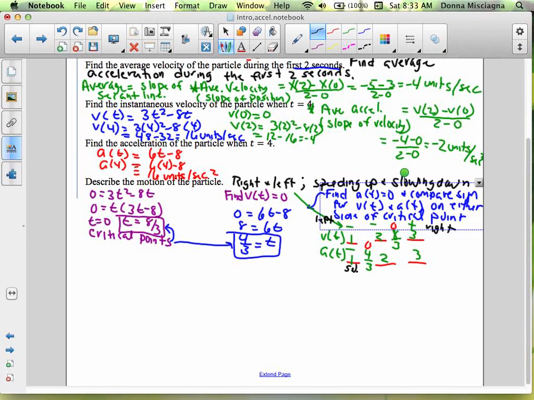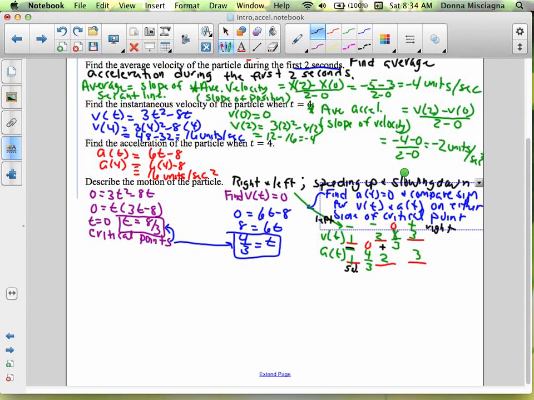All right, so how about at 2 seconds? If we plug 2 seconds into acceleration, we have 12 minus 8. That's positive. So notice that 1 is positive, 1 is negative. If we compare right here, velocity is negative at t equals 2 seconds.